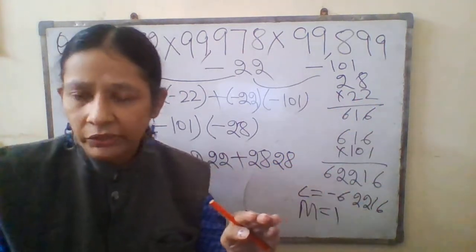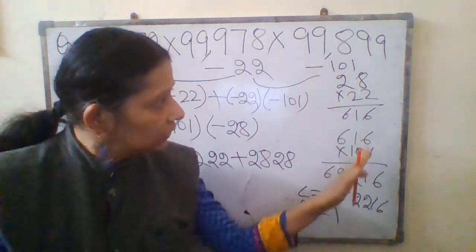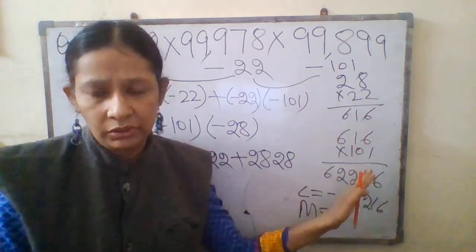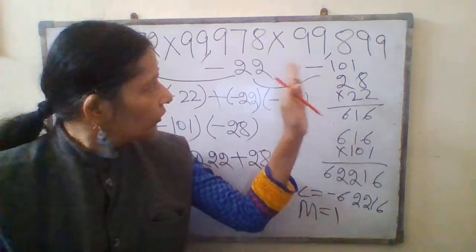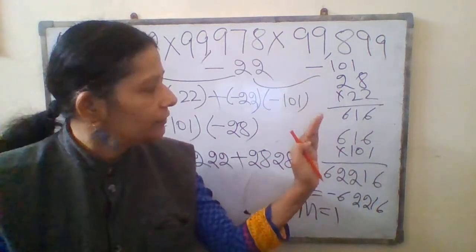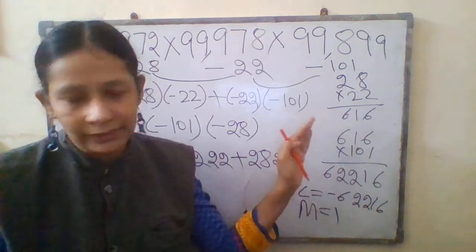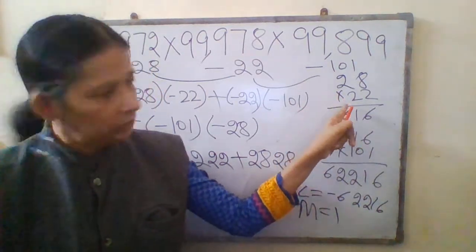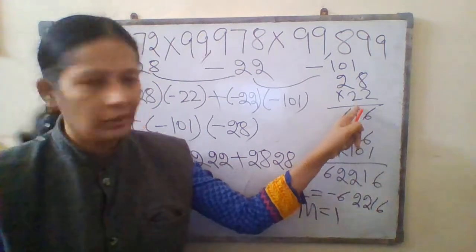If you try these tricks separately, don't do this question first. My suggestion is first you try these tricks. Like this, I have told you some other examples also. You can try this trick.